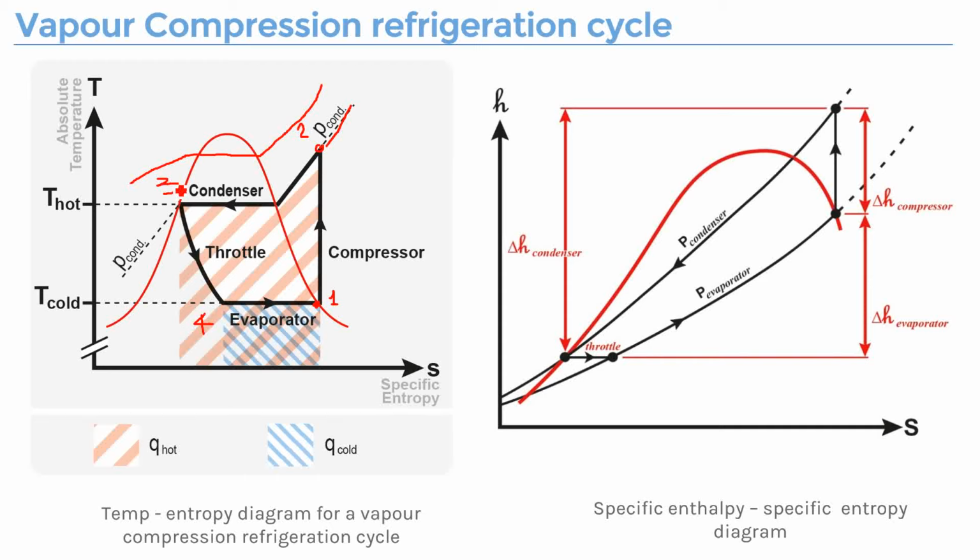So between state 3 and 4, you are using the throttle, and it's an irreversible process. So you will see there is a little bit of entropy change in this state from the expansion process. Okay.